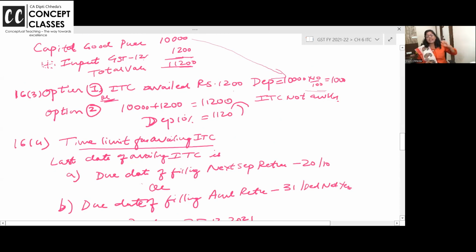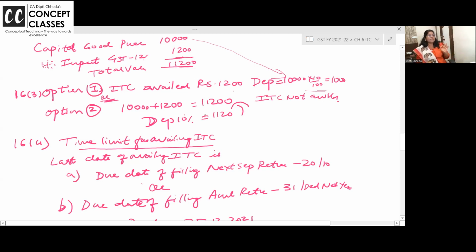Second option is if you capitalize 11,200 in the books, including the ITC, then you can't avail ITC. You won't take both benefits, right? Output ITC minus input ITC is what you pay. So you won't take the original 1,200 as well as depreciation on it. Is it understood?